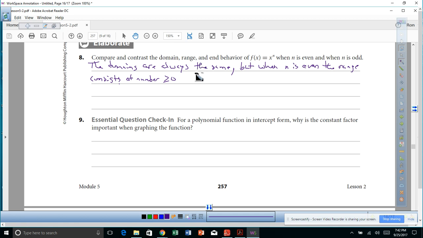Whereas when n is odd, the range is all real numbers.